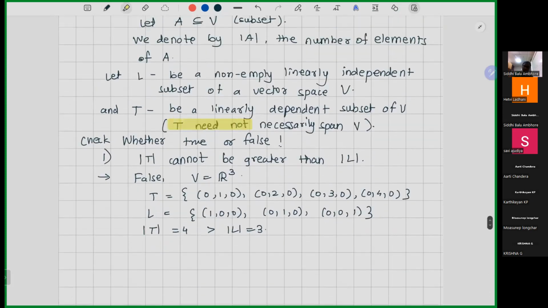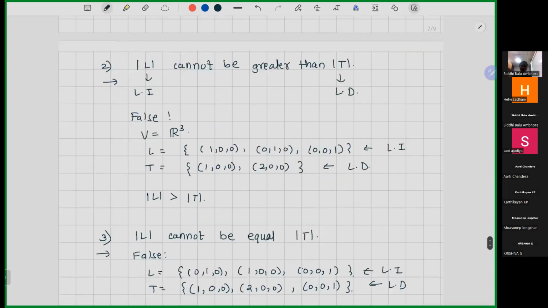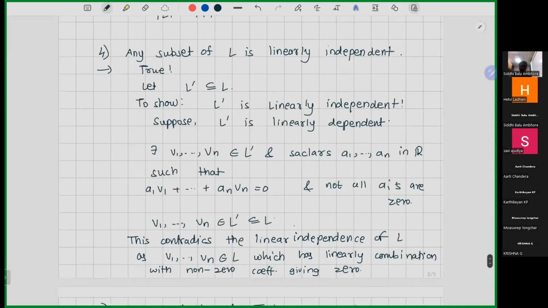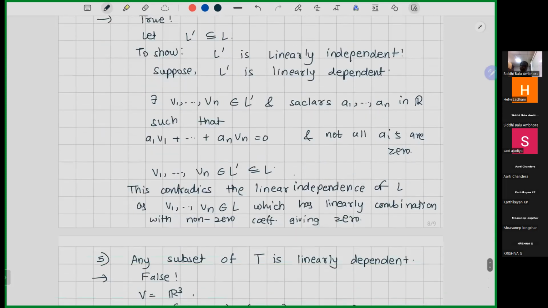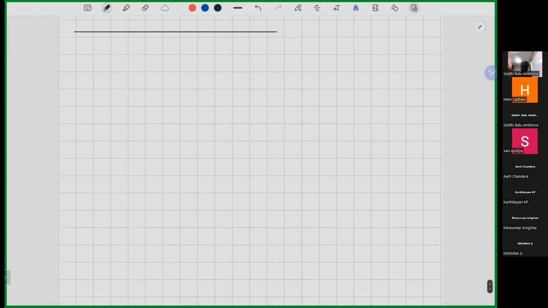This condition was really important to get the counterexamples, but I would suggest that you impose this condition on T: take T to be a linearly dependent subset of V which spans V, and try to solve all these 5 questions and check whether the true statements remain true and the false statements remain false. It will be a good exercise.